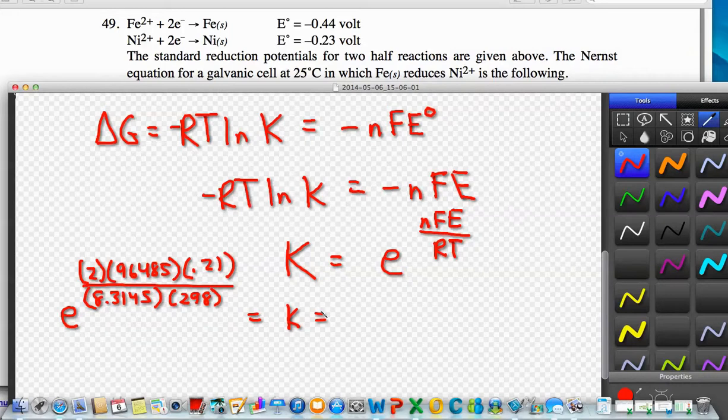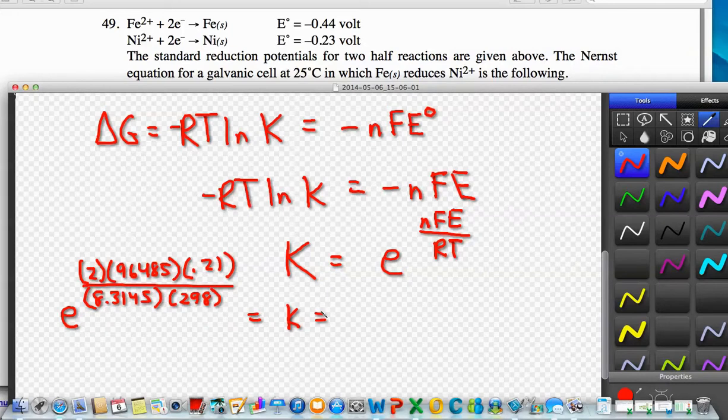So first I would find what the exponent is going to be. So we have 2 times 96,485 times 0.21 divided by 8.3145 divided by 298. So that power is 16.355.